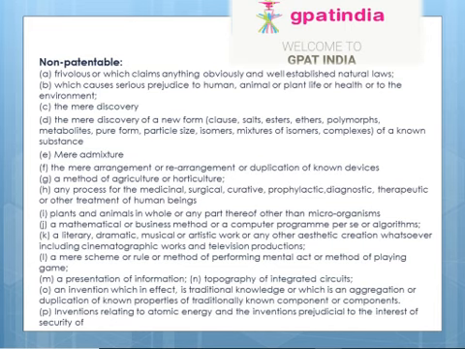Mere admixtures are also non-patentable, like we know drug X and drug Y, and if we add those it will be better, but all these things are non-patentable. And if we make very little changes or certain arrangement changes and want to patent it, no. Any method of agriculture or horticulture is non-patentable, just to save our farmers.